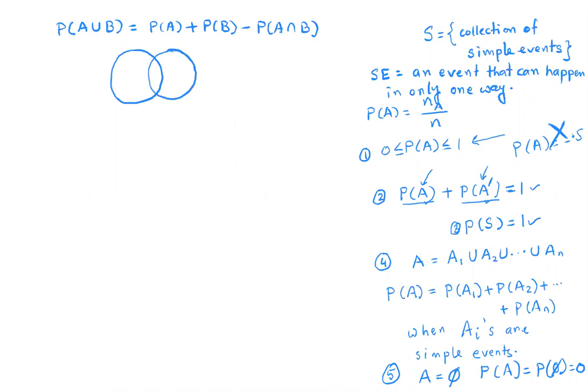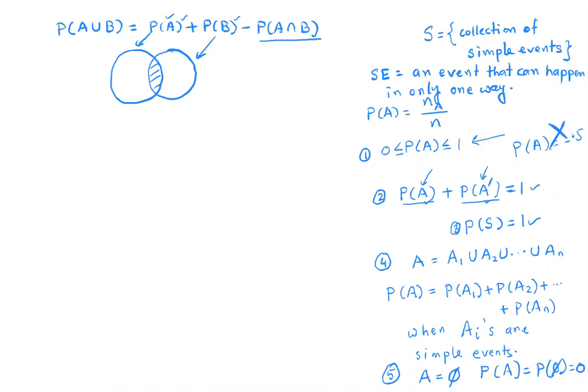If the left circle represents the probability of A, and the other circle represents the probability of B, then this middle area you're counting twice. Once with the probability of B, another time with the probability of A. Since you're counting it twice, you subtract it once because you're supposed to count it once. So this Venn diagram is an easier way to remember.